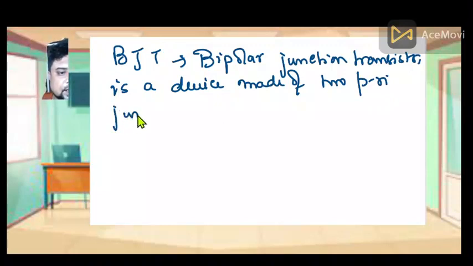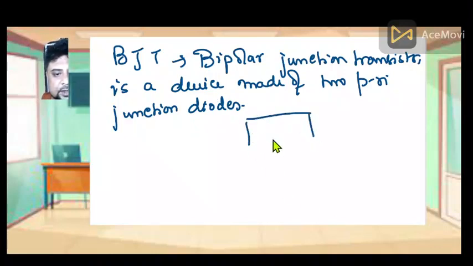We have studied the PN junction in the diode section.